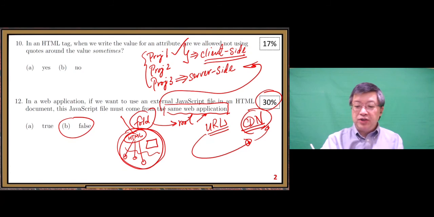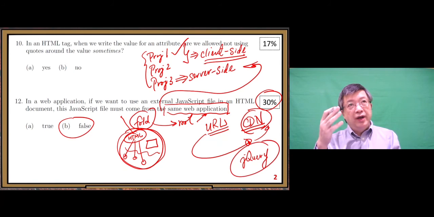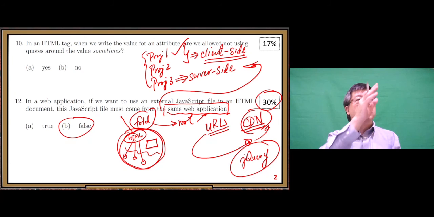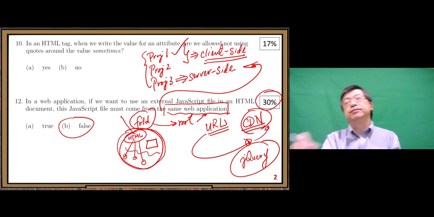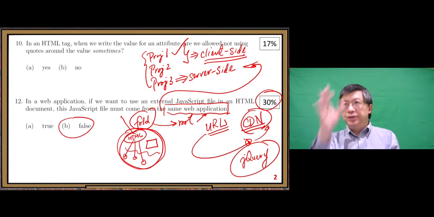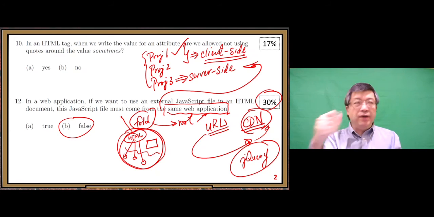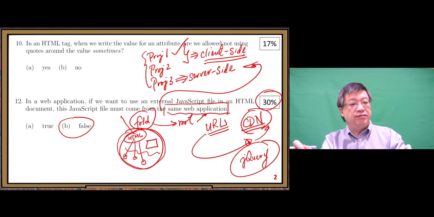For example, jQuery: when we use jQuery, we can use Google's CDN jQuery. It's very common. People use that way to download jQuery. All right, so that's the background of this question, number 12.